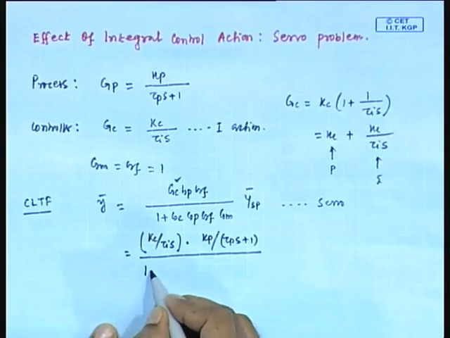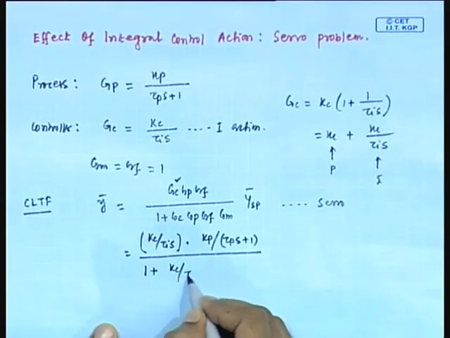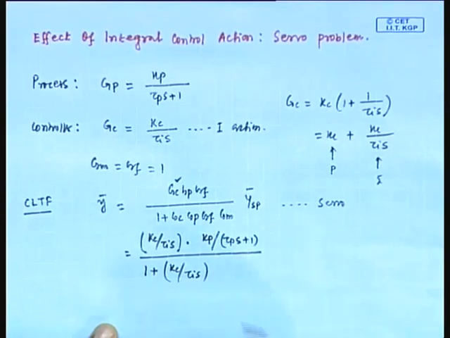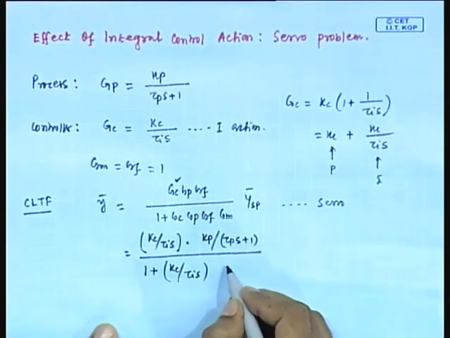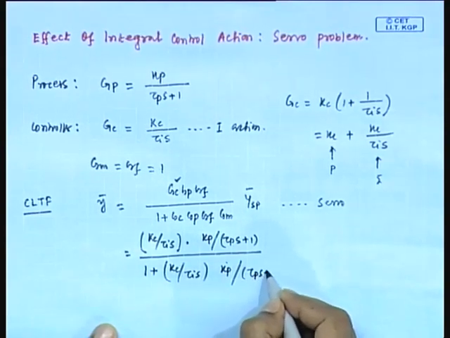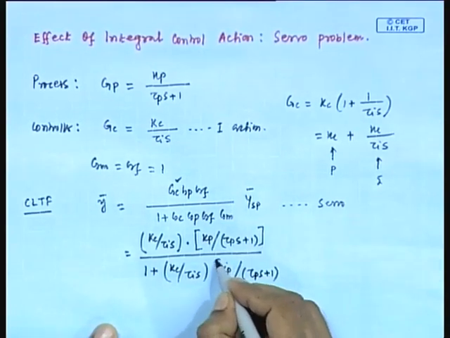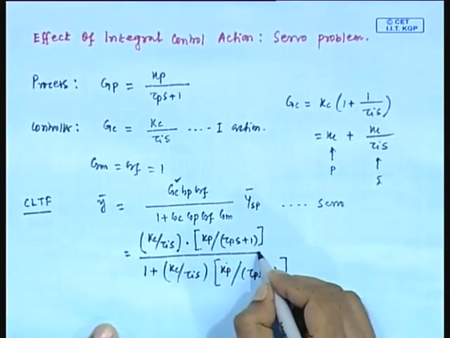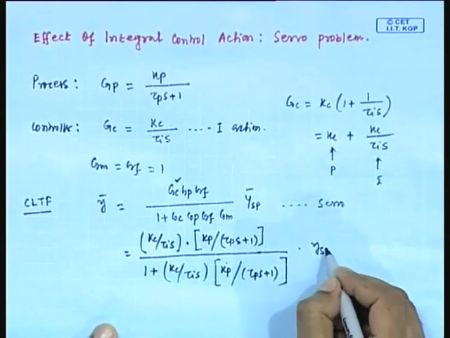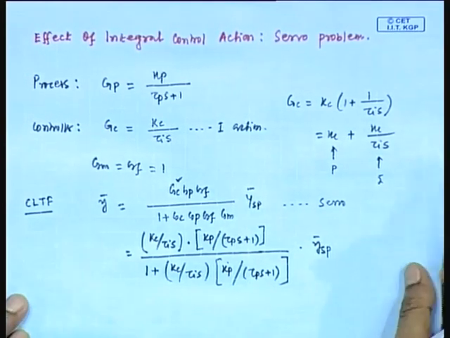Then 1 plus Kc divided by tau I s, multiplied by Kp divided by tau P s plus 1, and y set point. Fine.